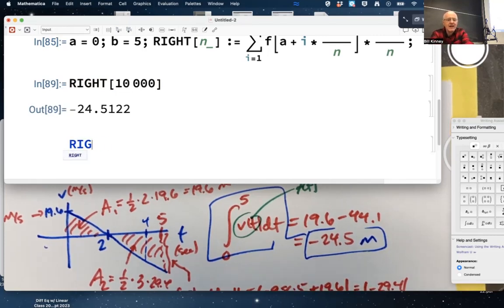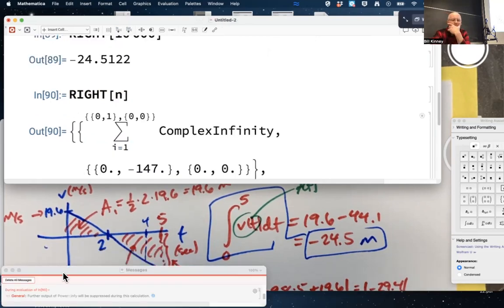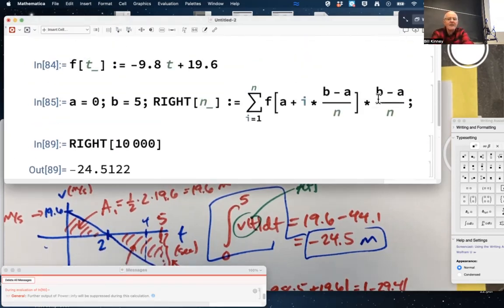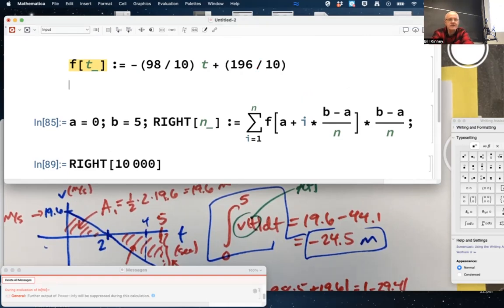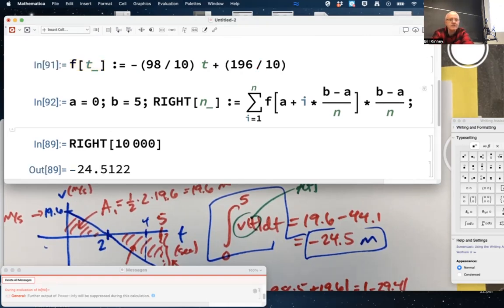Can I say what right of n is in general? Okay, it's having trouble there. Let's see. Maybe it's having trouble because I'm using decimal points here. Let me change this to not have decimal points in it. I'm going to write 9.8 as 98 over 10, which I could also write as 49 over 5. And 100, that's 196 over 10. Let's see if this helps it not make mistakes here.